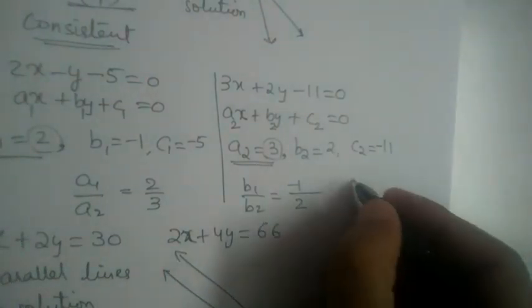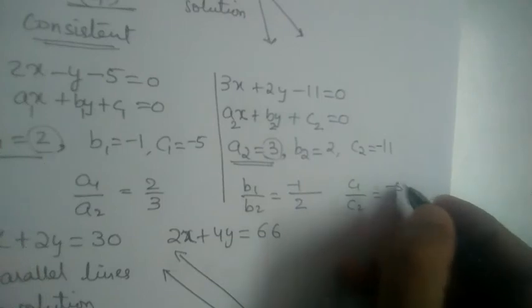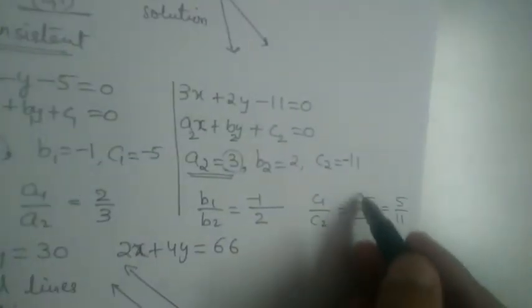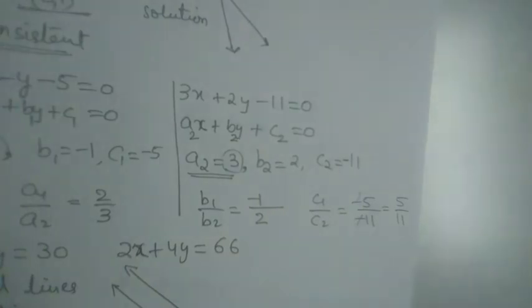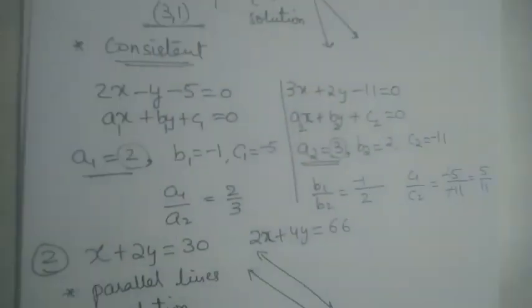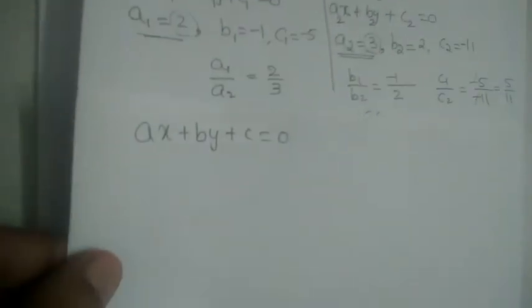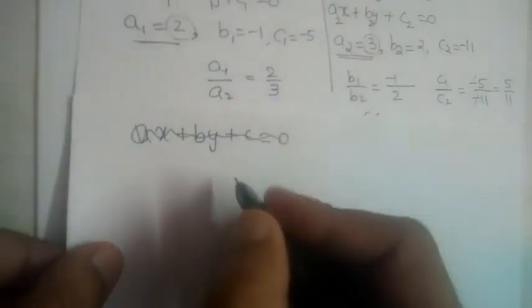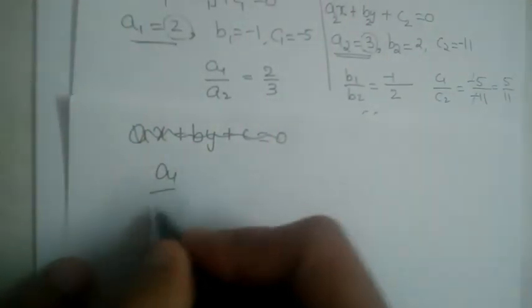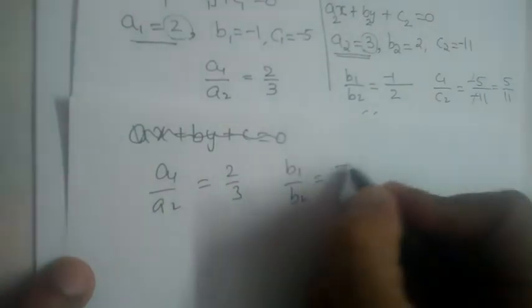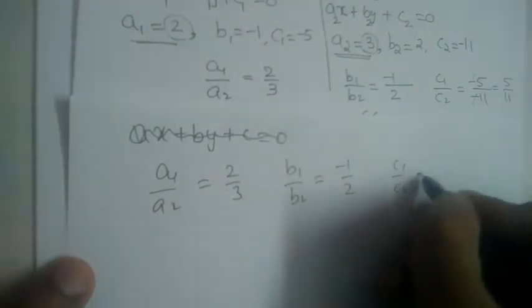Okay. Now what is c1 by c2? Minus 5 by minus 11. So it will be equal to 5 by 11. Minus minus will get cancelled, right? Okay. So here we have a1 by a2 is equal to 2 by 3, b1 by b2 is equal to minus 1 by 2, c1 by c2 is equal to 5 by 11.